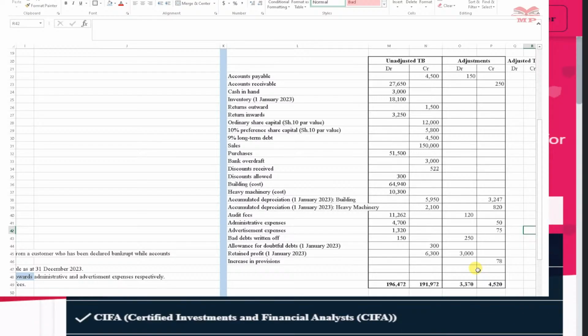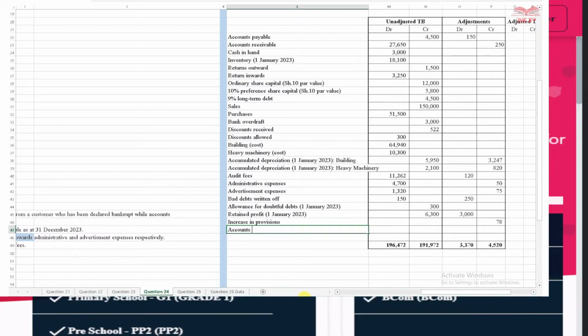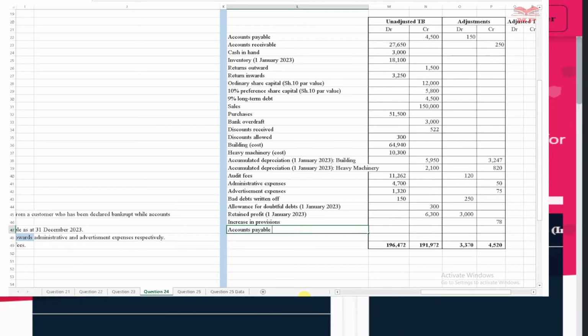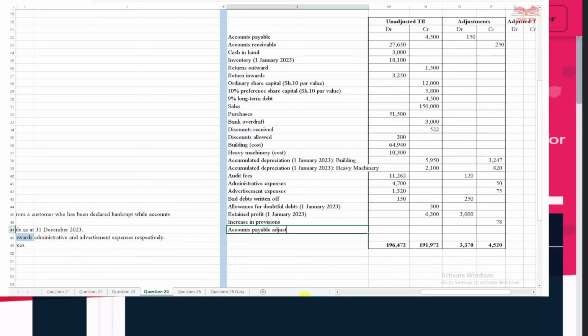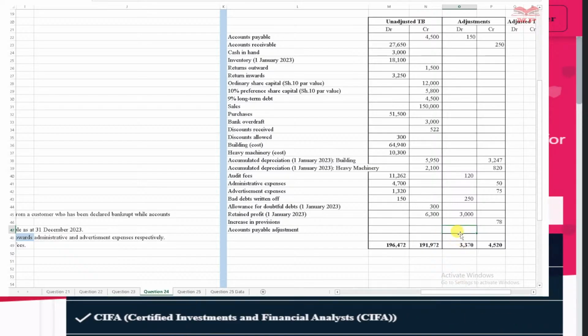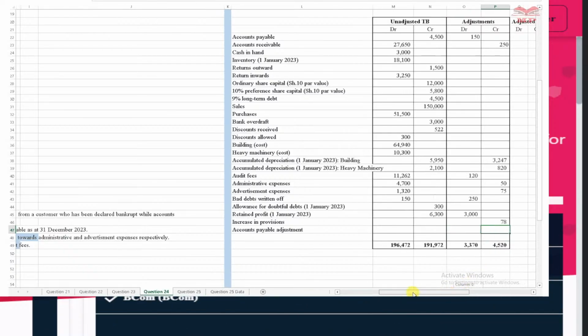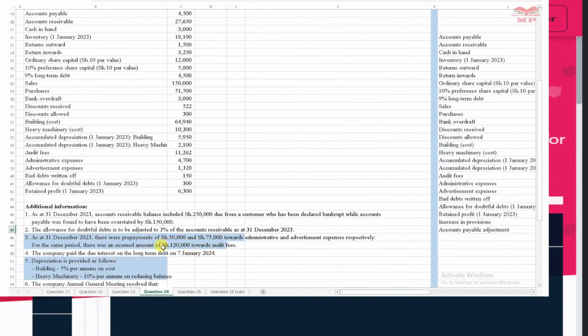The accounts payable adjustment, right over here, we try and analyze where the accounts are. It's usually accounts payable adjustment, it should be right over here.